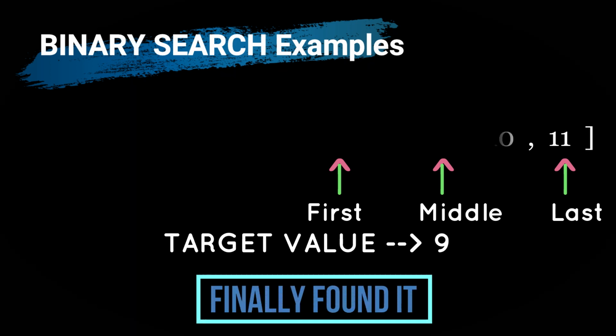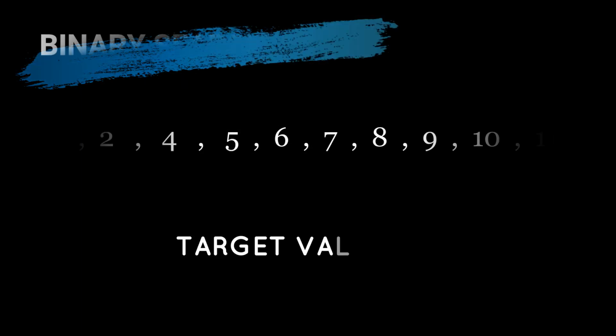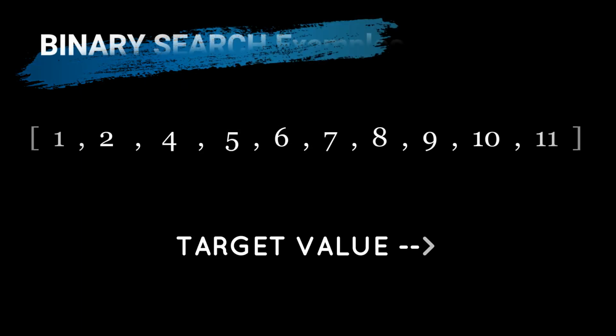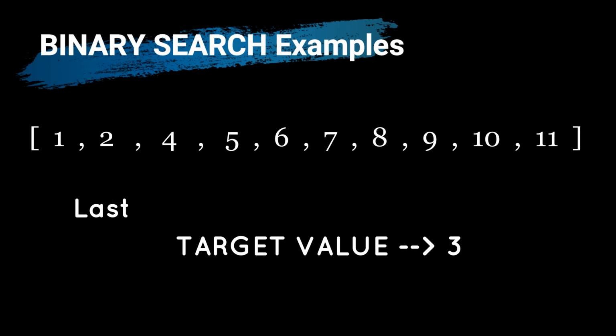Now I have a problem: if our target value is not present in the current array, then what will happen? Let's take an example and find out. This time taking the same example without our target value in the array, which will be 3 this time.